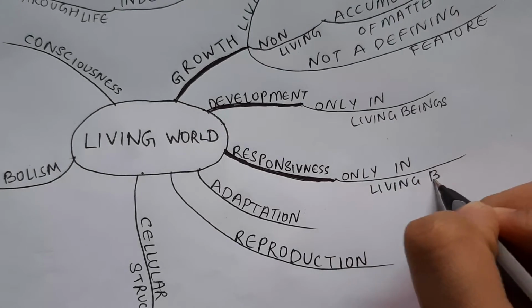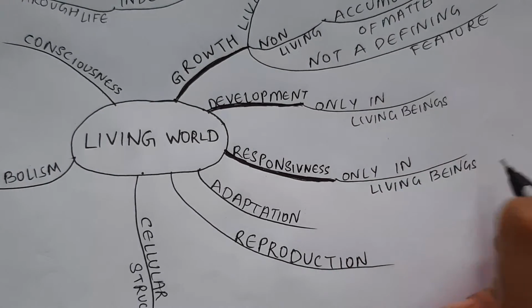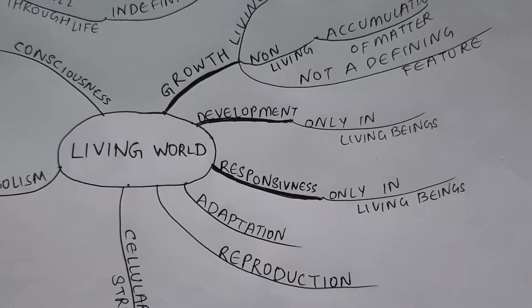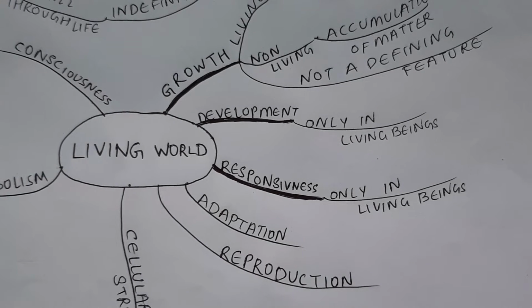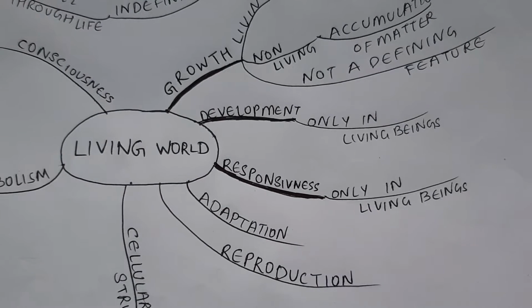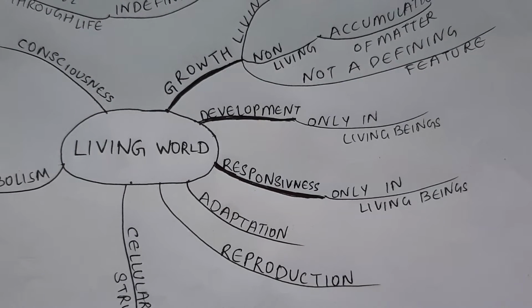For example, plants and animals respond to the changes in the environment. Plants bend towards the light. This is also a response to the environment. They move away from the shade, which are sun loving plants. While some animals also go into hibernation when the winter arrives. So we can say that responsiveness is also a defining feature of living beings.